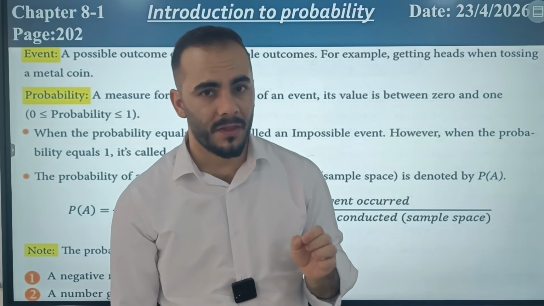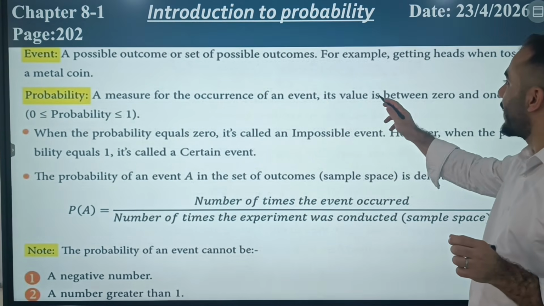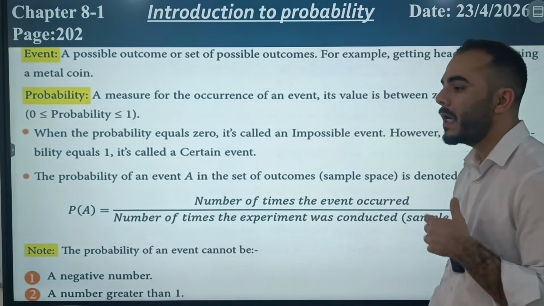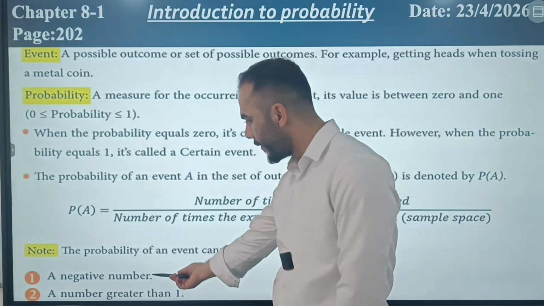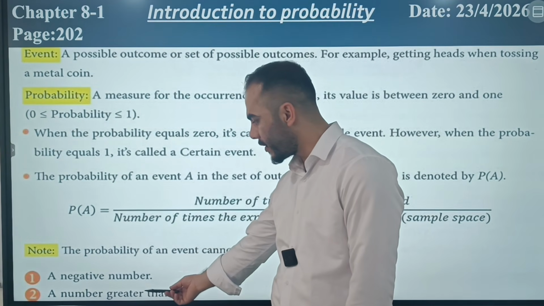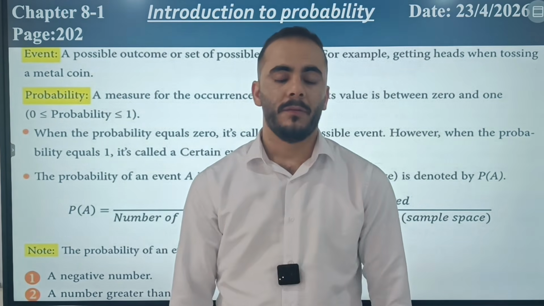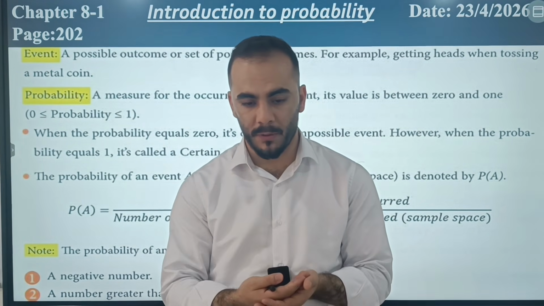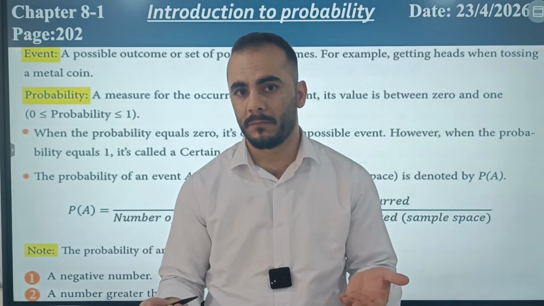And what is important here, and you need to take care of, is that its value is between 0 and 1. So probability cannot be a negative number, and it is impossible for it to be greater than 1. So there are 2 points that you need to remember about probability. The measure of probability cannot be negative.